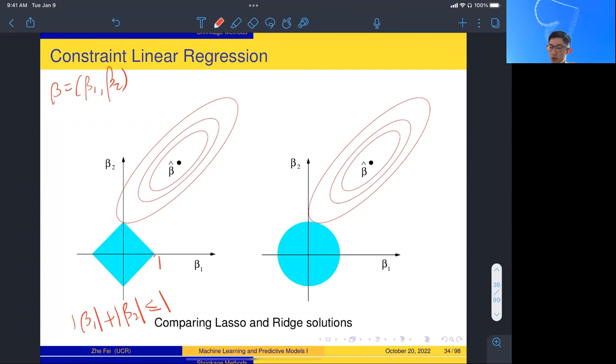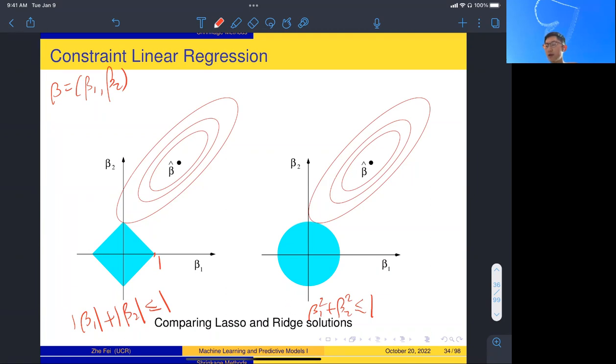This dot here is 1. And we also know that this circle corresponds to the L2 penalty, beta 1 squared plus beta 2 squared less than or equal to 1. For this unit circle, it's basically this constraint.